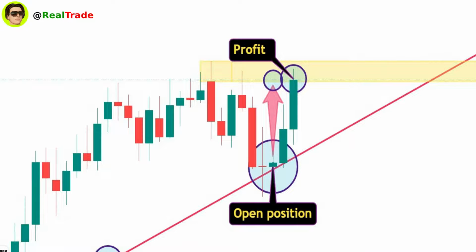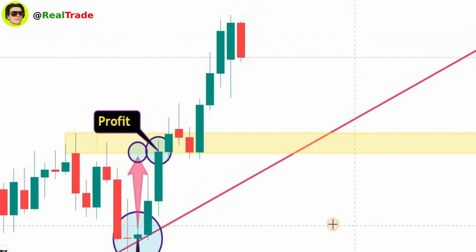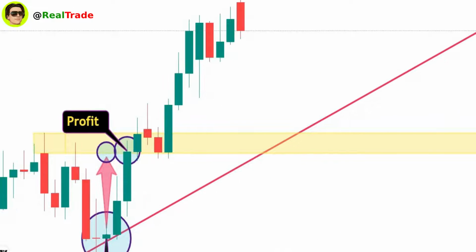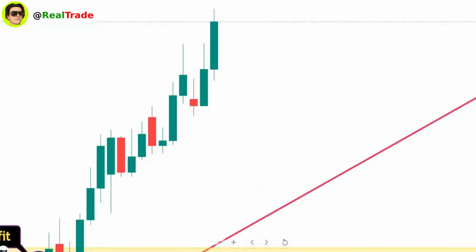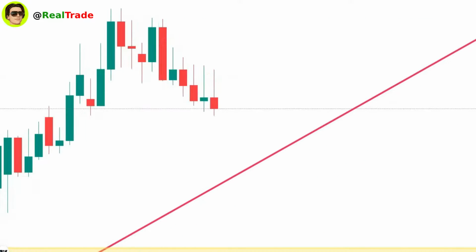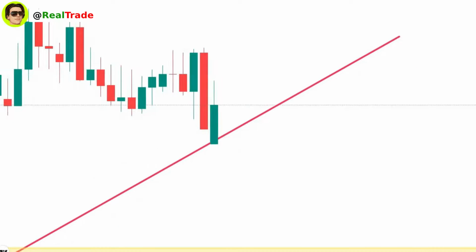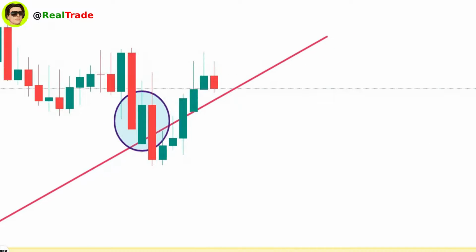Profit. Open position and take a profit. Continue. Look at the candle. Continue. Next, this candle is return price, is back candle.